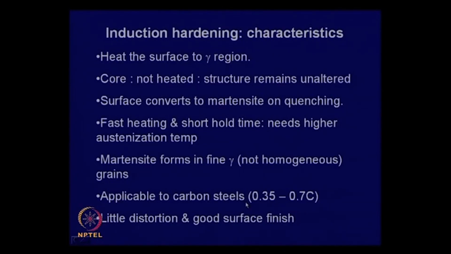They may not have any intentional alloying element to improve hardenability, but they must have a little high carbon, because if you want high hardness at the surface, this hardness is determined primarily by the carbon content in the steel. So, it should have a relatively high carbon content, and only the surface is being heated and the heating time is also very short.